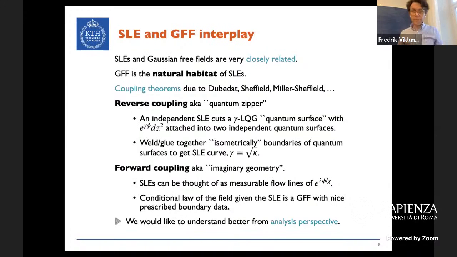And this is a really powerful framework. It allows you both to understand geometric properties of the GFF, and also you can use this to prove things about SLEs and so on. But part of the original motivation for this work with Yilin was to try to better understand these stories from an analytic perspective, using these tools of Löwner energy that I'm coming to in a second.